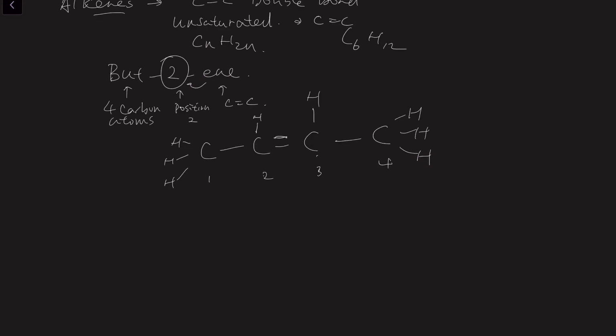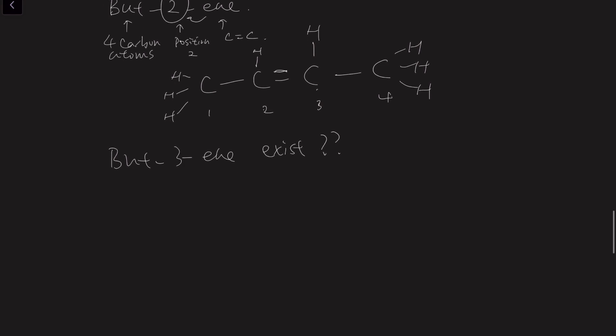So does but-3-ene exist? Maybe let's draw them and then see whether this exists or not. 1, 2, 3, 4. So the double bond is here. Because the end carbon is connected via a double bond, it loses the ability to connect with one other hydrogen.